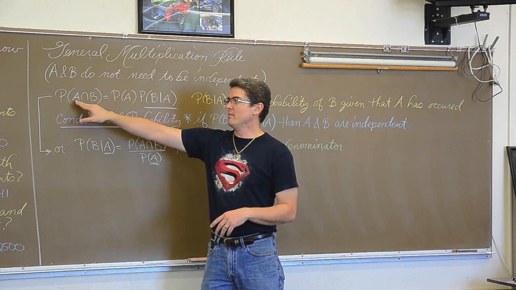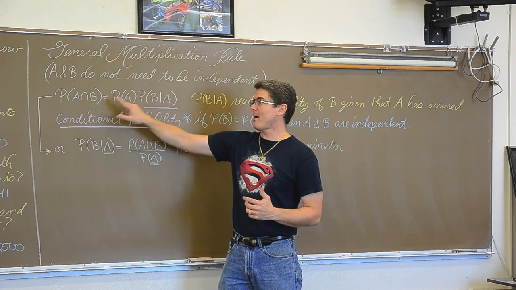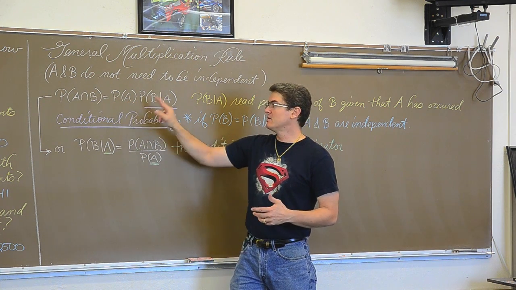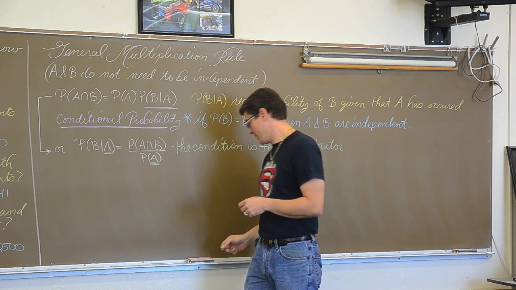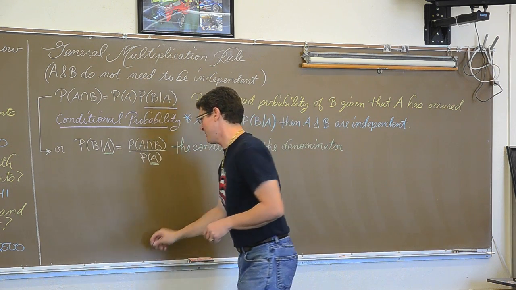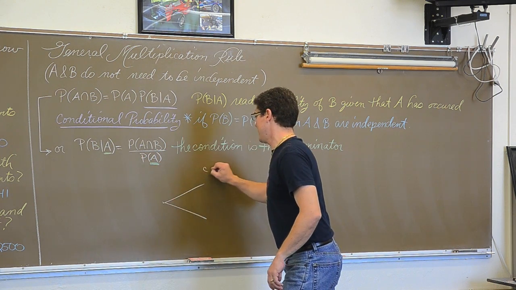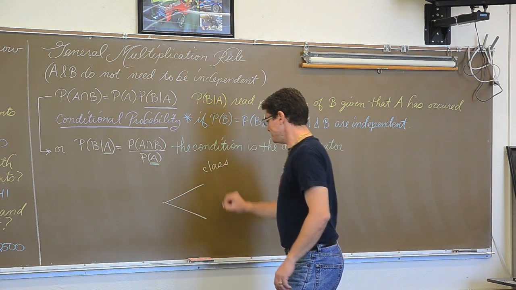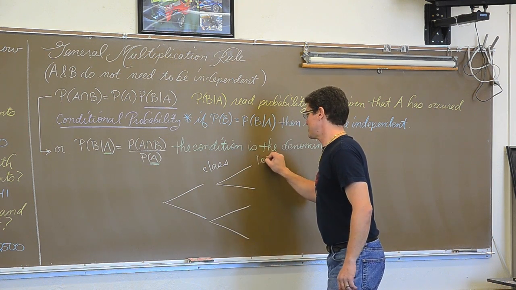Or, what's the probability that you did poorly and passed the exam? That would be the probability of you doing poorly times the probability of you passing the exam, given that you did poorly. And the tree diagram I did for that example looks something like this, where it was, how did you do in the class, and then, how did you do on the test?